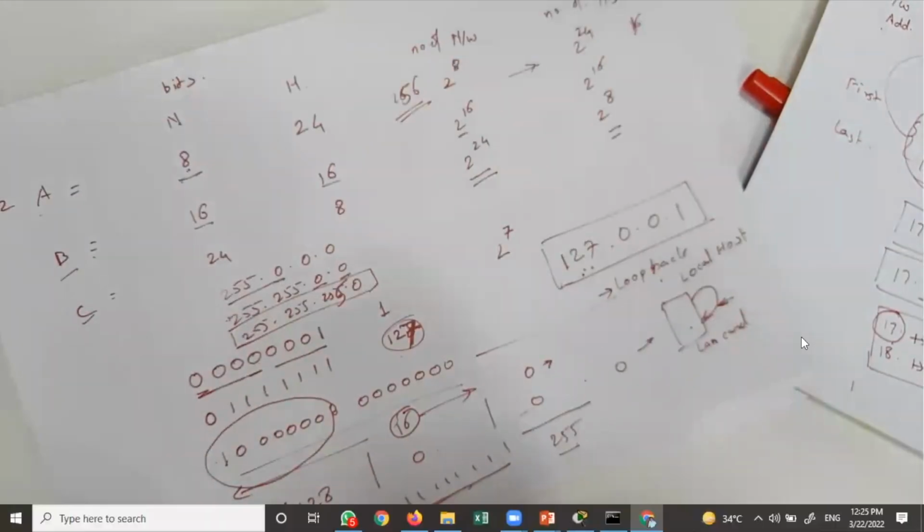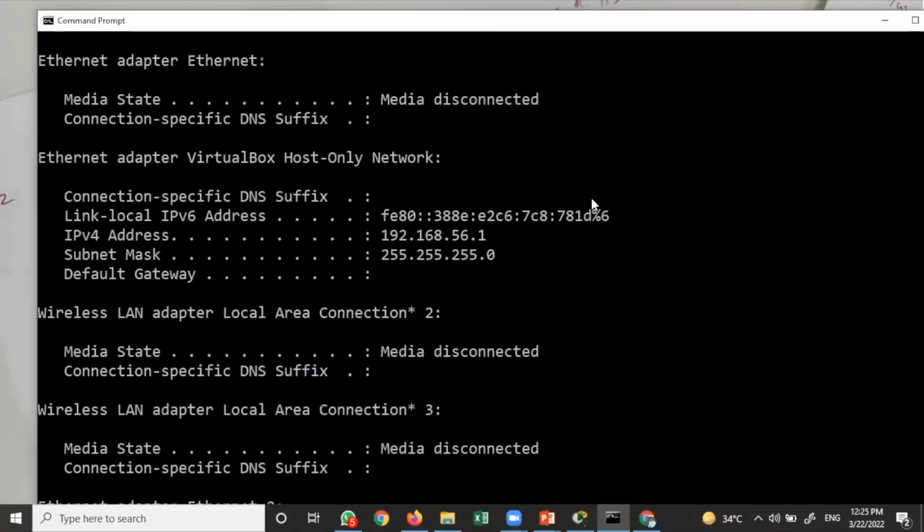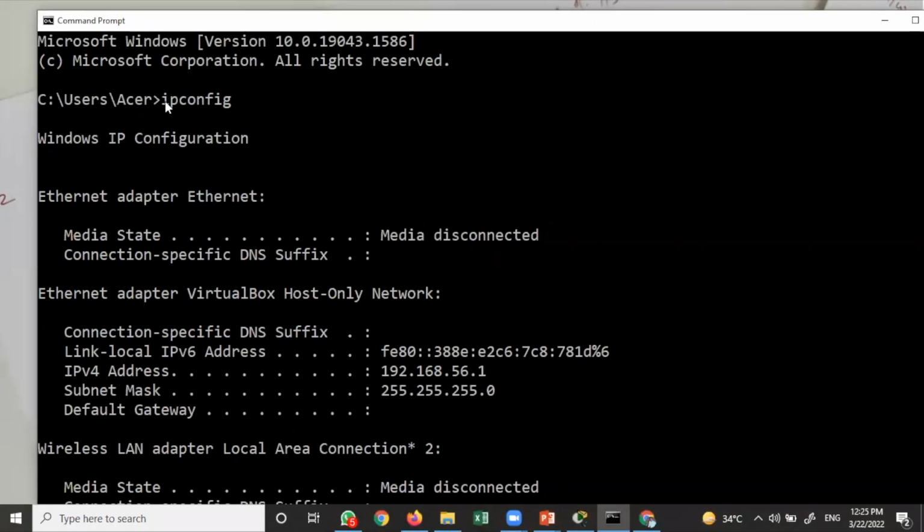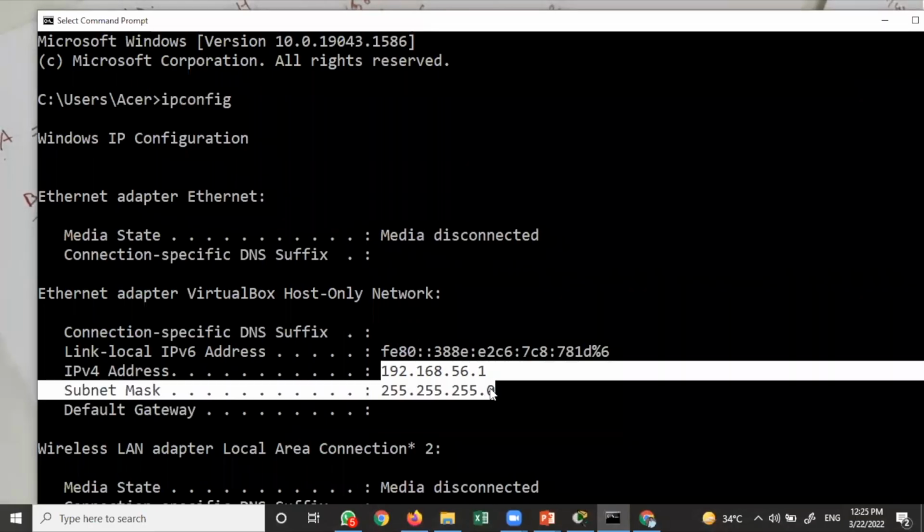If you do this on your computer, open the command prompt and type the command ipconfig, and you'll get this kind of settings on your machine. Subnet mask will be 255.255.255.0. It is a class C.